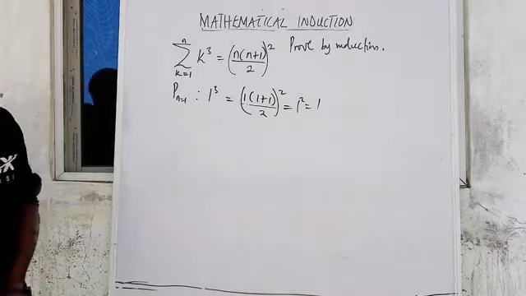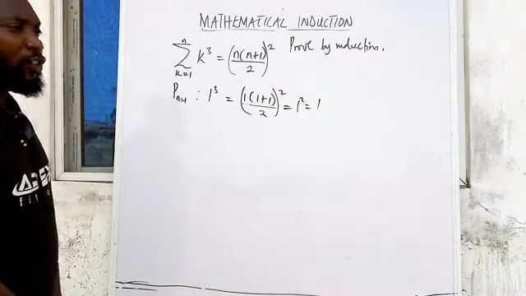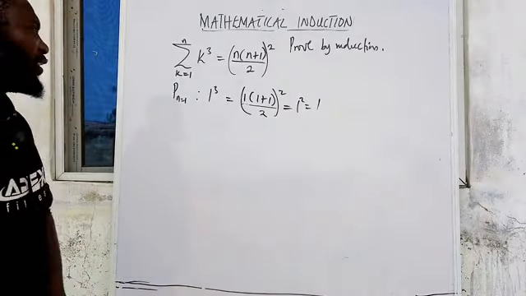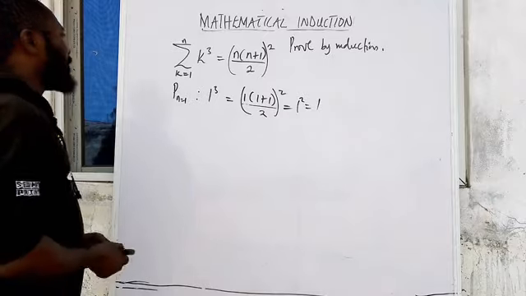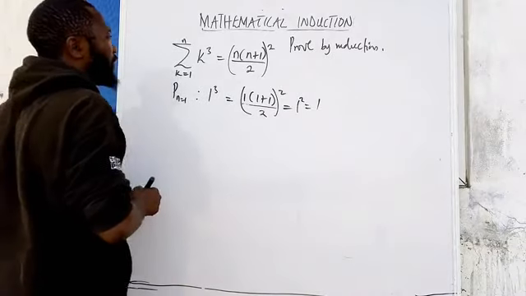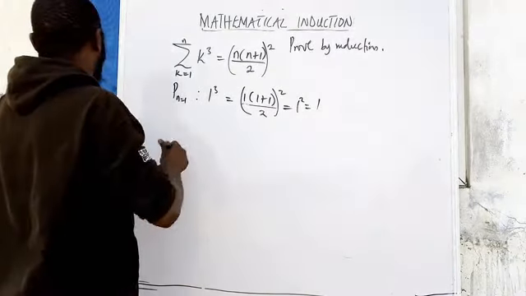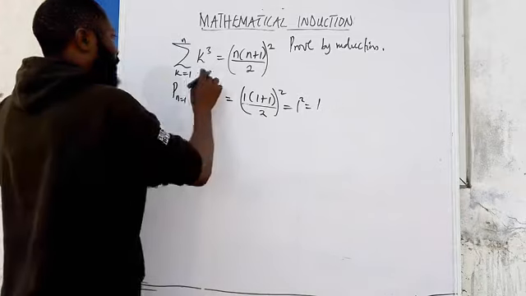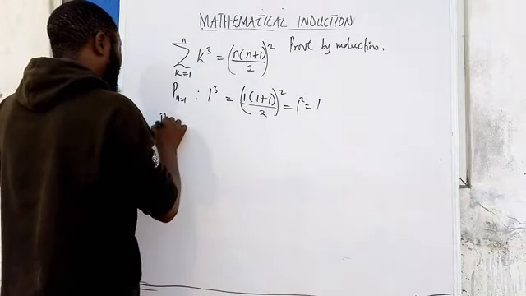Now the next thing to do, you assume that n equals to k. So that is, when you continue to sum this up to this, your result will be, this should be your Pn.